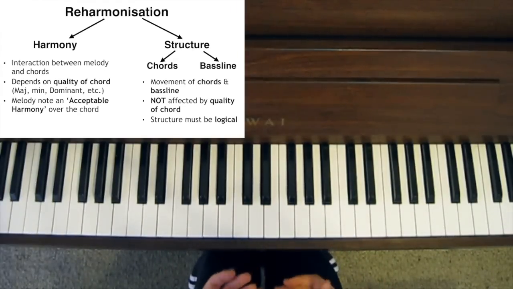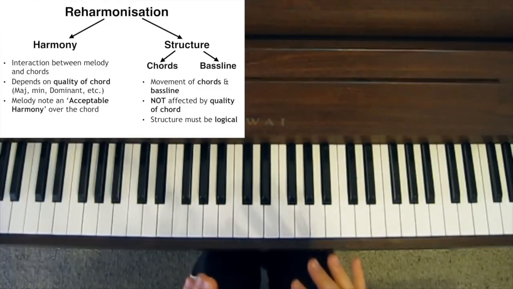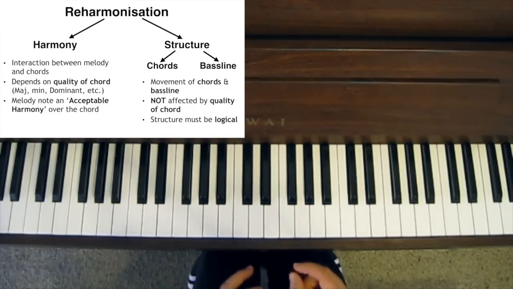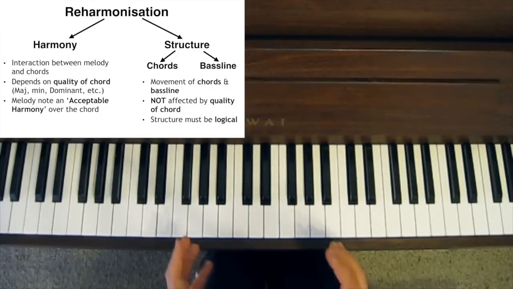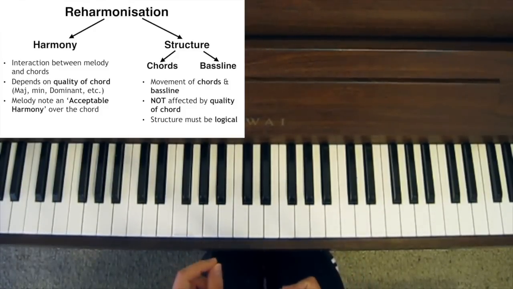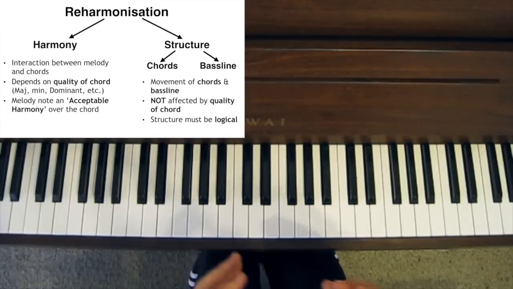Now the structure depends on the movement of the chords and the bass line, and is not affected by the quality of the chord. Your goal here is that the chords and the bass line should both move in a logical, structured manner. Essentially what that means is that they should both move in fixed intervals, diatonically, or somehow reflecting the melody.